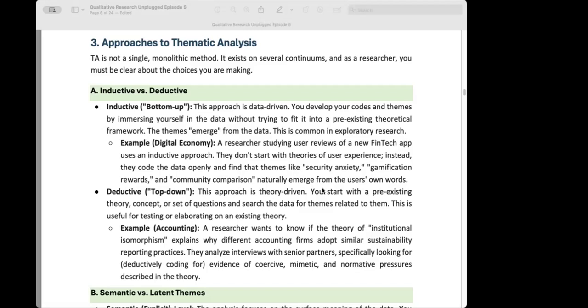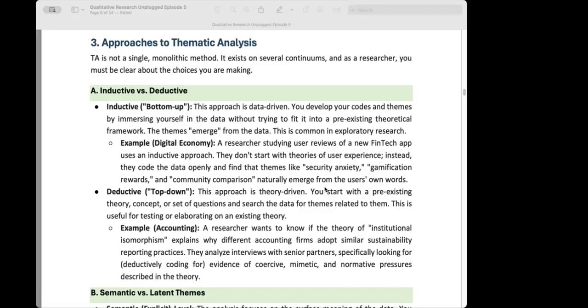Exactly. Or perhaps gamification rewards, as users frequently mention earning points or bonuses in ways the developers hadn't anticipated, or even something like community comparison as users discuss how their app usage stacks up against their friends. These themes aren't forced. They organically arise from the user's own words and experiences, offering genuinely fresh insights. That's a perfect example of inductive TA.